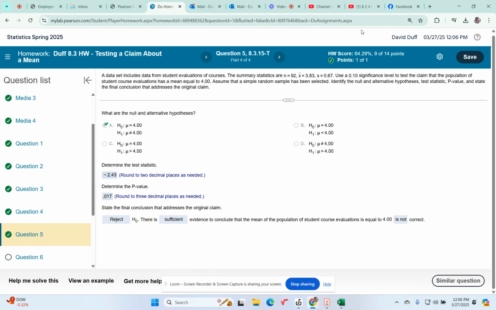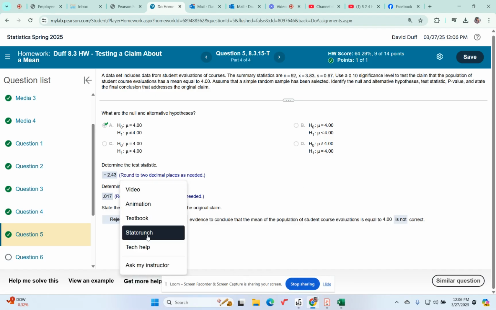Now, as the sample size gets bigger and bigger for the t-distribution, it approaches the z-distribution. So you can literally just always use the t-distribution when you're doing your hypothesis tests. So we're going to go to StatCrunch.